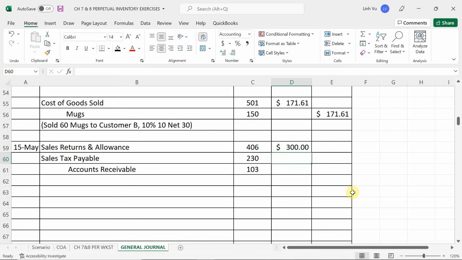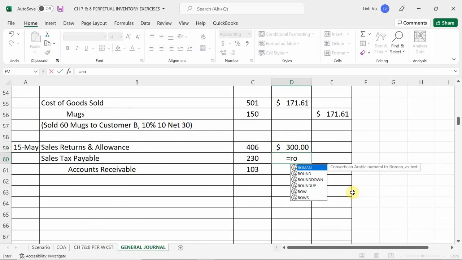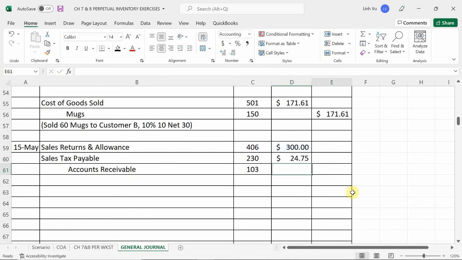How much is the tax going to be on those 300 mugs? $24.75. Right? So therefore, in grand total, how much am I going to be reducing customer B's account? $324.75. $324.75. Now, what else do I need to include?